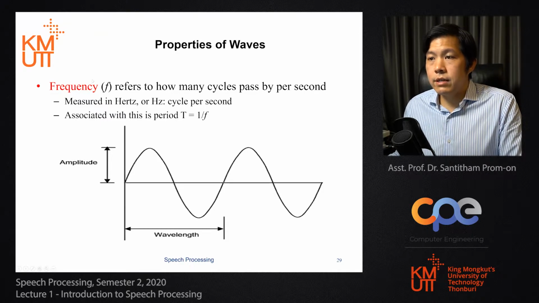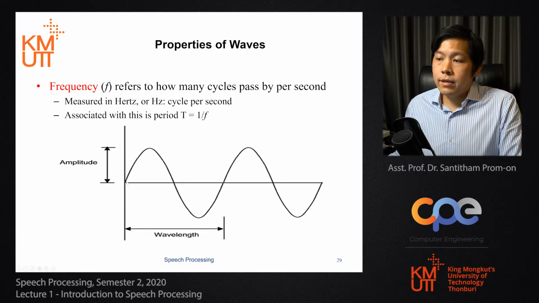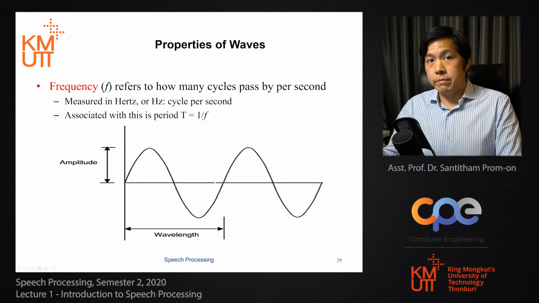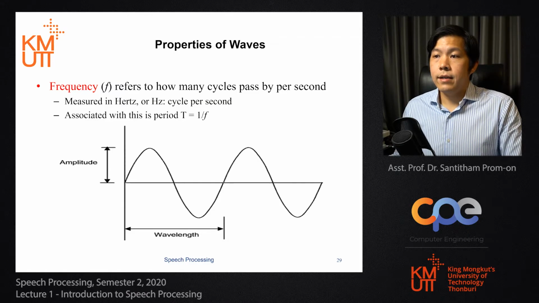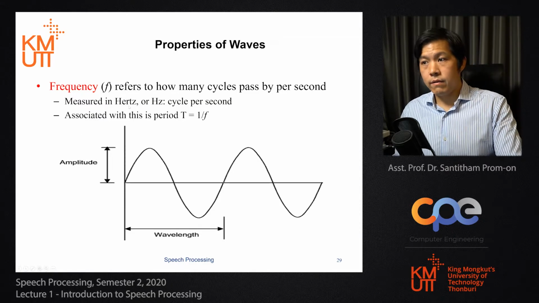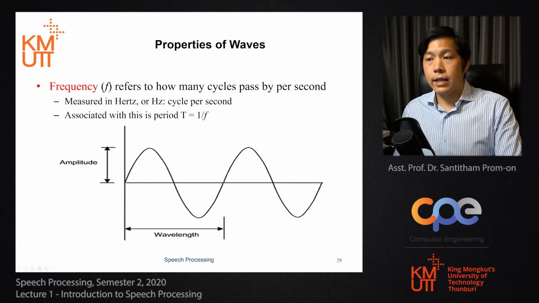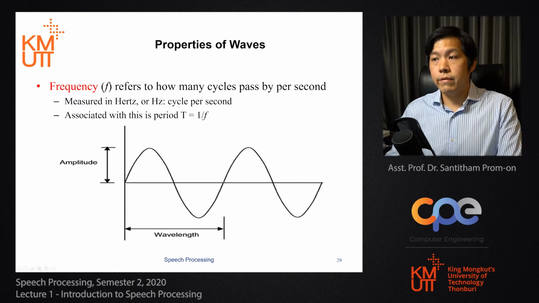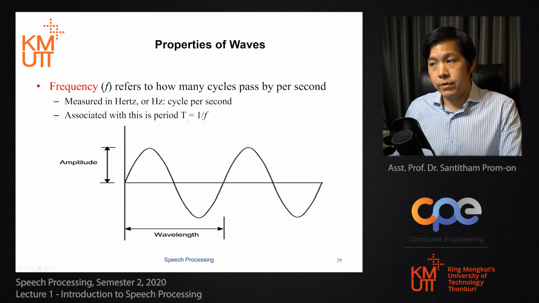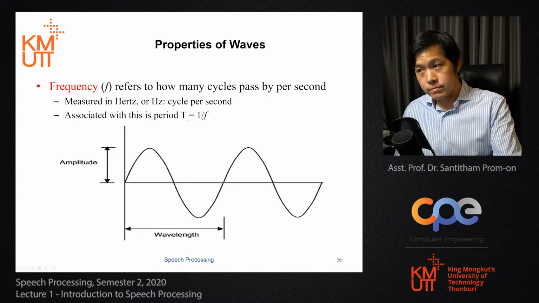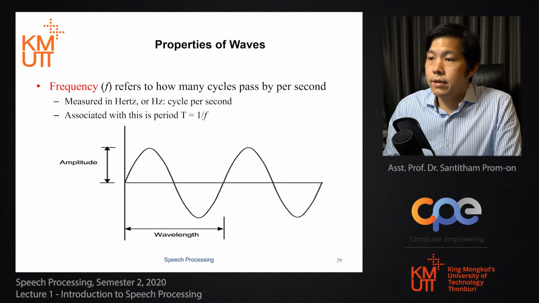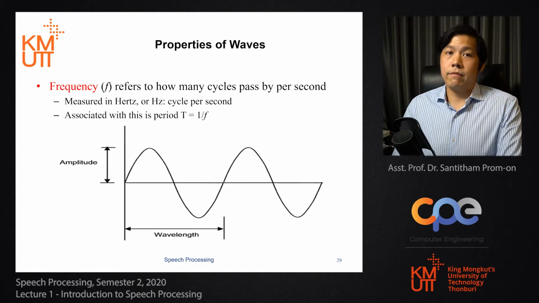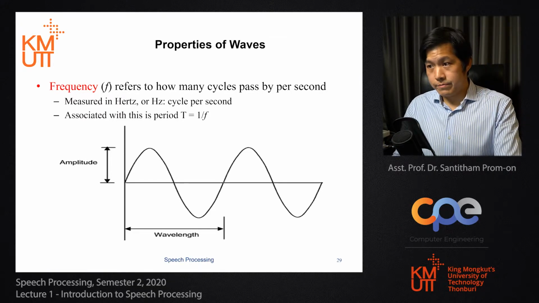Frequency refers to how many cycles happen within one second. The unit of frequency is hertz, which means cycles per second. In the time domain, the period is 1 over frequency, and vice versa. These are the properties of the wave in physics that you may have learned before.